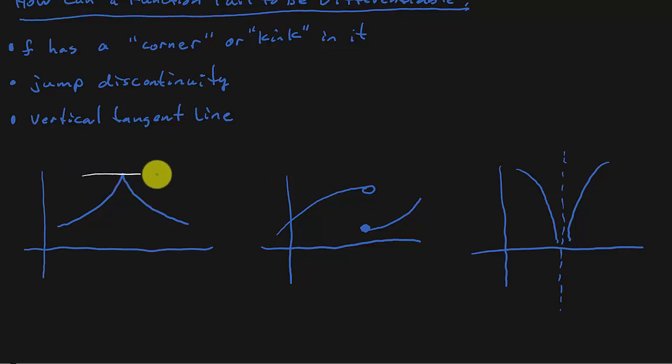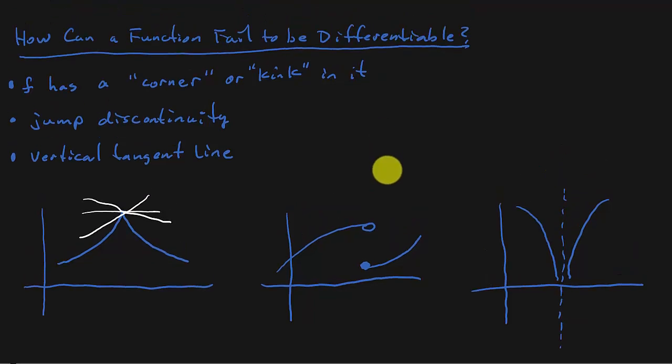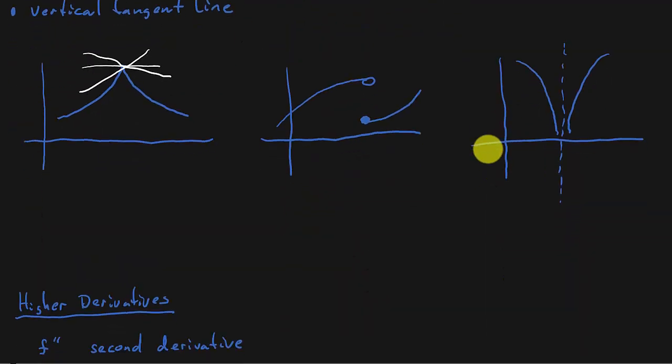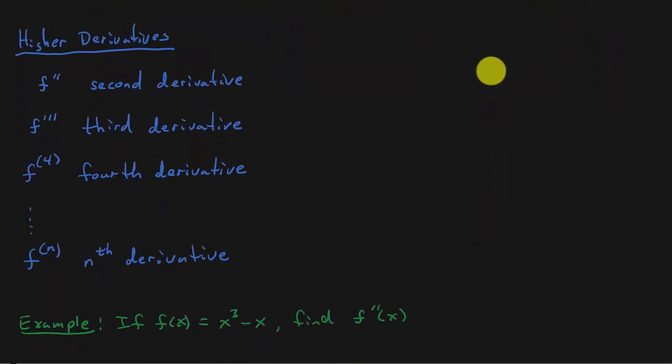You can't. This would be tangent. This would be tangent. All that good stuff. And then if you have a jump discontinuity like this, okay, it's not differentiable. And then if you have a vertical tangent line, okay, so that's some ways that a function may fail to be differentiable.